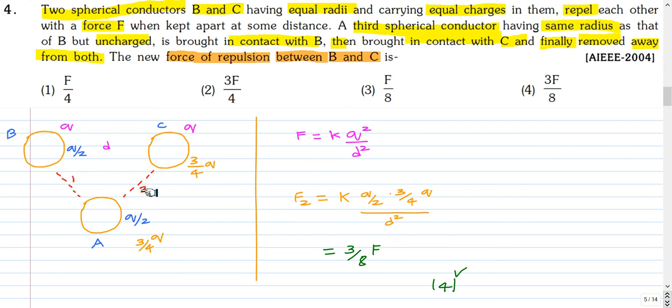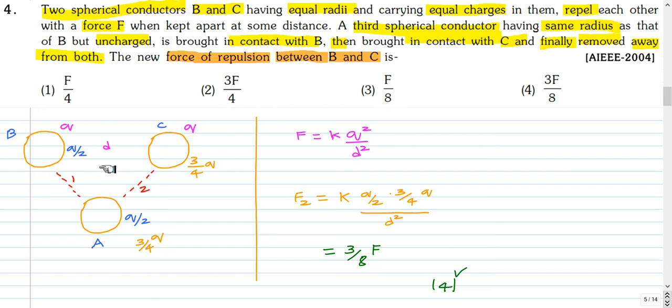The second contact is between A and C, and the total charge before touching is Q plus Q by 2, that is 1.5 Q, and after touching and separating, the charge will get split equally between the two. So 1.5 by 2 is 0.75, that is 3 by 4 Q. So after this second contact and separation, the final charge on B will be Q by 2, on C it will be 3 by 4 Q, and on A it will be 3 by 4 Q.